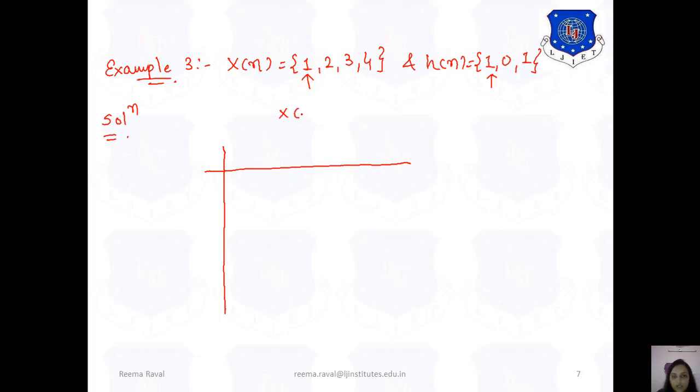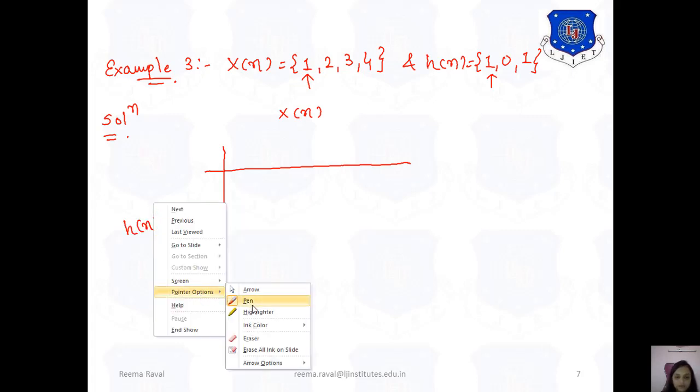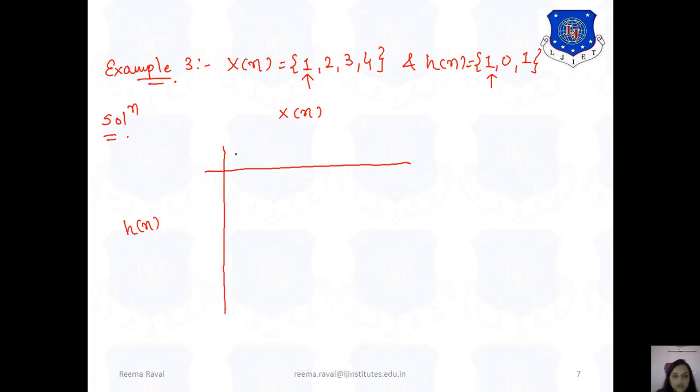The horizontal will denote x of n, and this will denote h of n. Let us place the values. X of n is 1, 2, 3, 4 and h of n is 1, 0, 1. At x of n the arrow is at the first value 1, and in h of n again the arrow is at the first position.